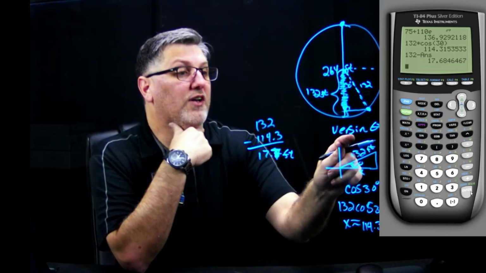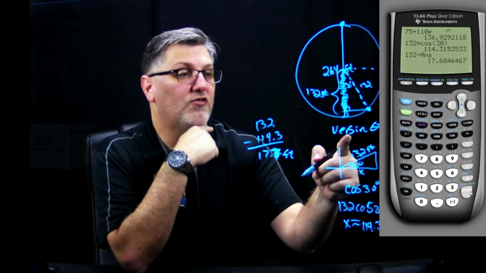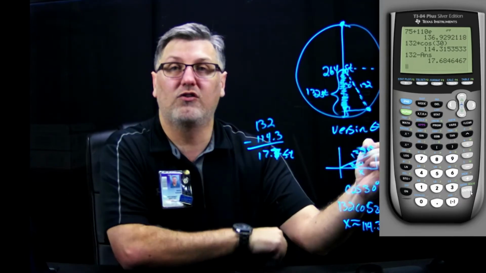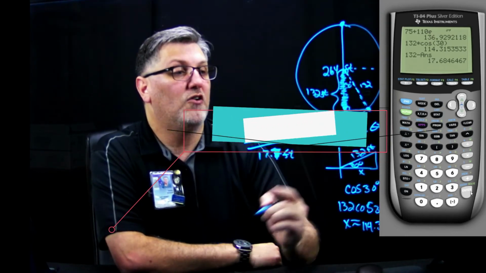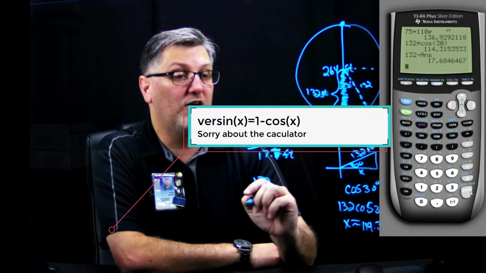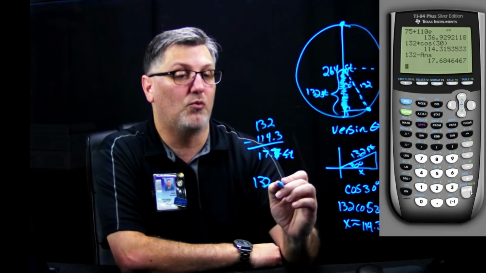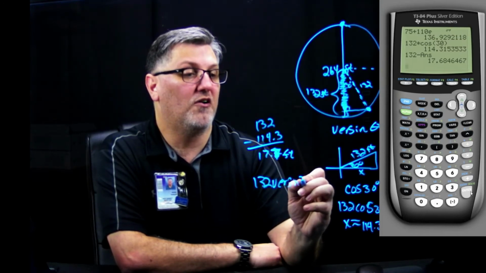Now, what's really nice is, if I think in terms of versine, versine has a trig identity, and this becomes 1 minus cosine theta. So I can write 132, because versine is based on 1, so 132 times versine of 30 degrees.